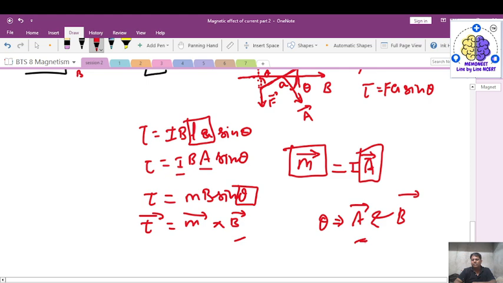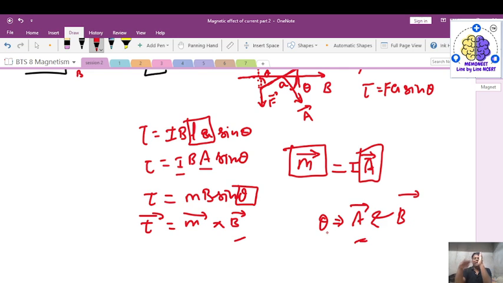How is the area vector? We know that the area vector is always perpendicular to the plane. Now understand, if the magnetic field is moving from my left to right, and I am placing a coil perpendicular to the direction of the magnetic field, then the area vector and the magnetic field vector have an angle of 0 with each other, right?